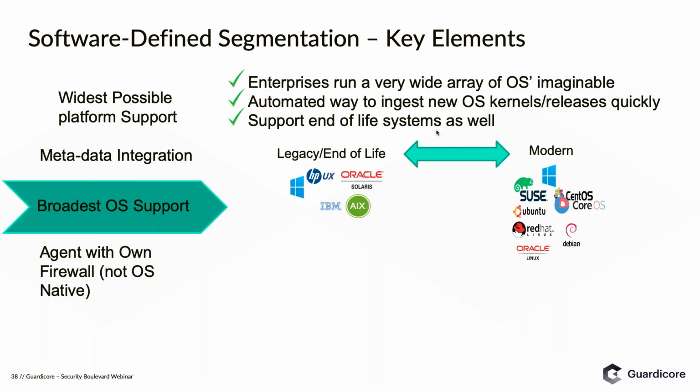So the key is you must be able to support the broadest amount of operating systems imaginable, from end-of-life systems all the way through the most modern. By most modern, what's also important is that when new kernels come out for Linux or a new Windows release comes out, within 48 hours you automatically have an agent for that new operating system or kernel.